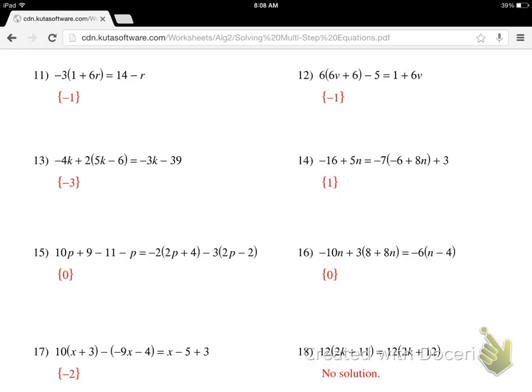So what I'd like to do is start off with a screenshot of some problems that I got off of our CUDA website. You can see up at the top the address. If you want this worksheet, you want more practice with problems that look like that, you're going to go to CUDA as always.